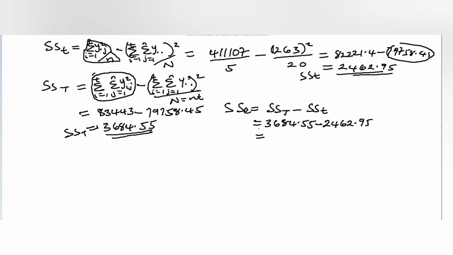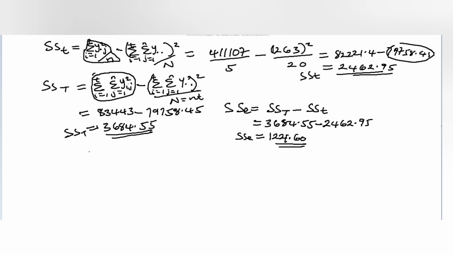If we do this correctly, you are going to have 1221.60. This is our SS error. So we have found our SS treatment, our SS total, and our SS error. Let's move to the next thing quickly.